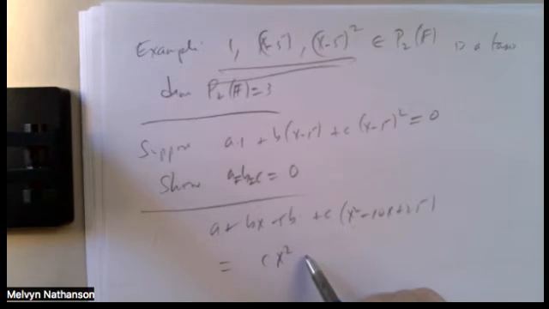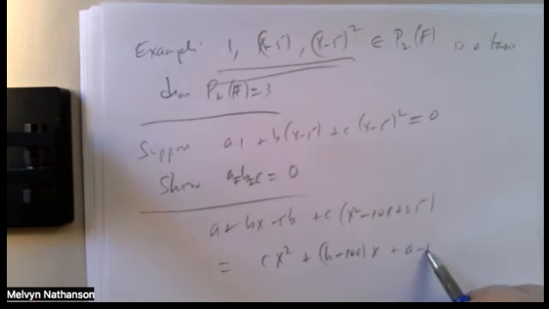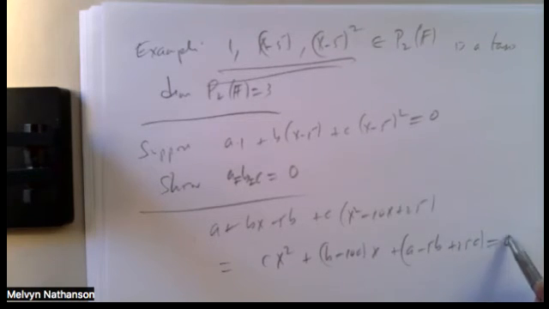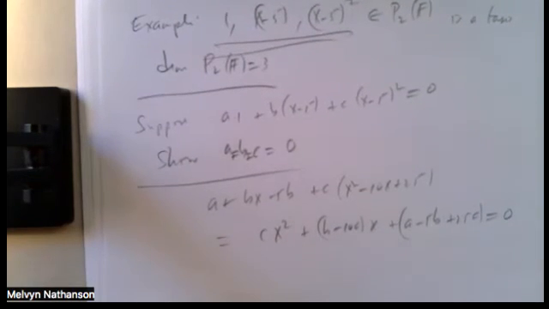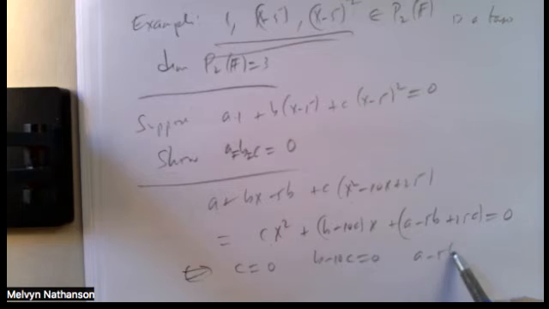The coefficient of x is b minus 10c. And the constant term is a minus 5b plus 25c. All of that's supposed to equal 0. But a polynomial is 0 only when all the coefficients are 0. So c is 0, b minus 10c is 0, and a minus 5b plus 25c is 0.